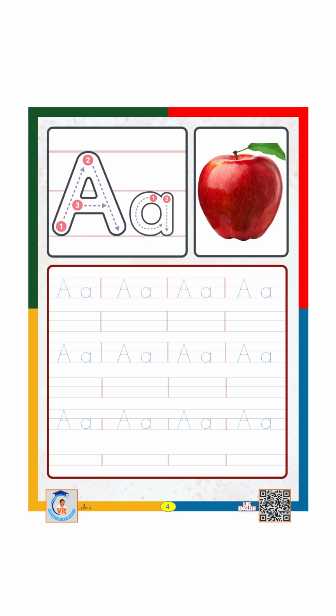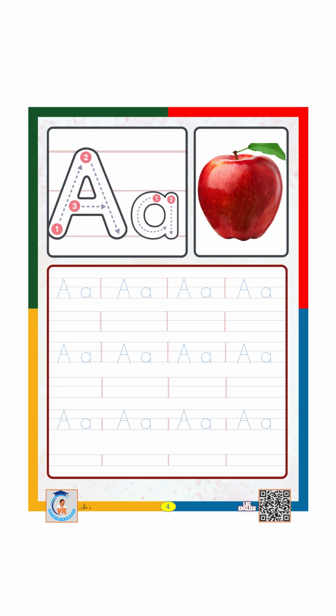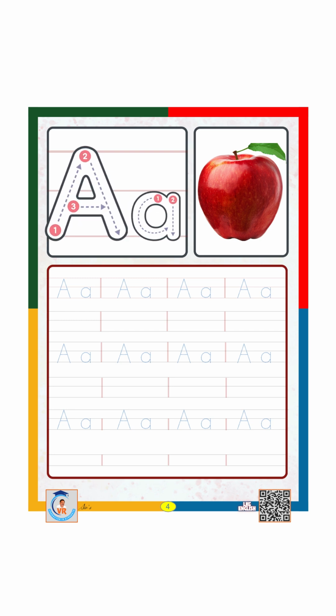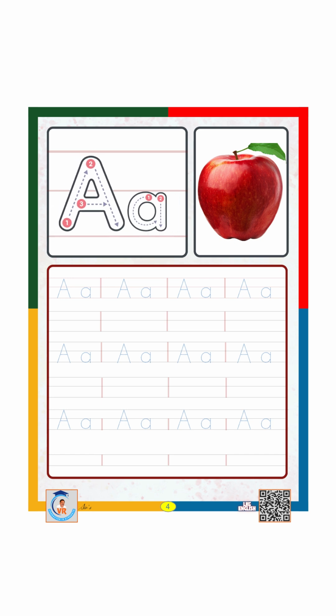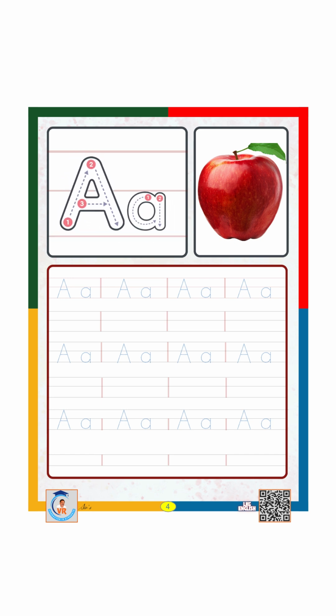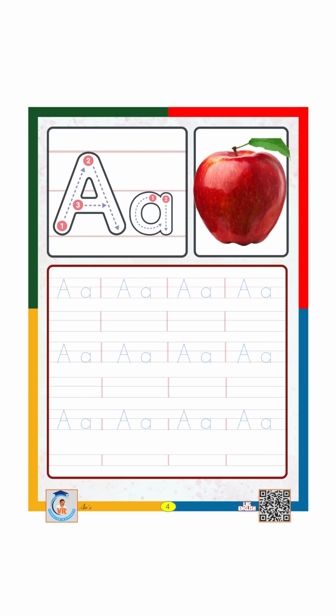Start to write the following capital and small a's by joining the dots as shown above. A for a, a, a, apple. Say with me.